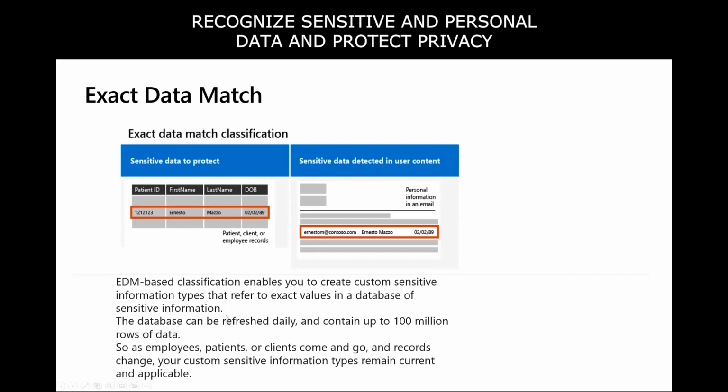It enables you to create custom sensitive information types, and some of the other characteristics are that it can be refreshed daily and contain up to 100 million rows of data. So you're not limited to a certain amount of data, and you can update that information regularly. It's not fixed on only this information. So that's the exact data match.